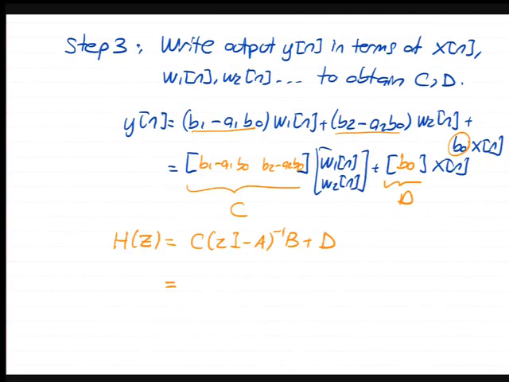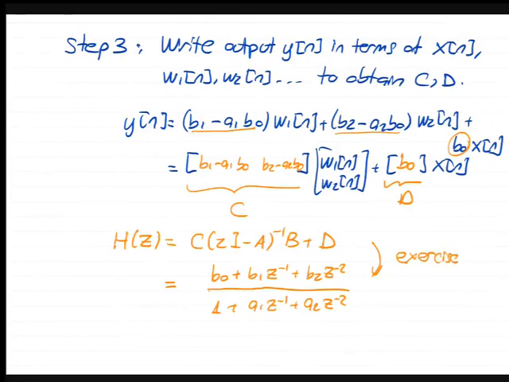Oh, we knew the answer. That's how we started this example. So it's going to be B0 plus B1 z inverse plus B2 z to the negative 2, over 1 plus A1 z inverse plus A2 z to the negative 2. Do this as an exercise. That's kind of useful. All right. Done. I mean, not quite done. We skipped several steps, but, you know, do this as an exercise.